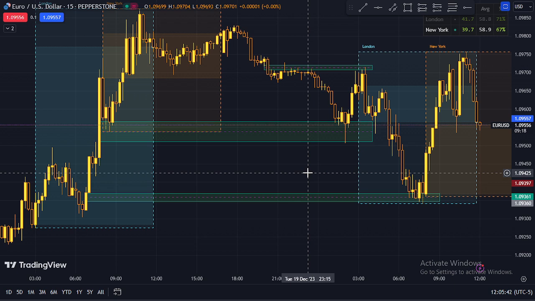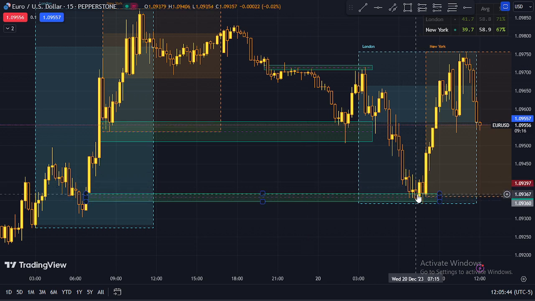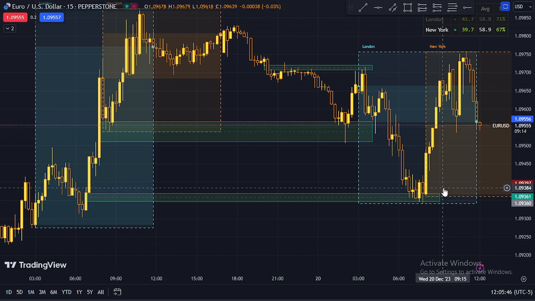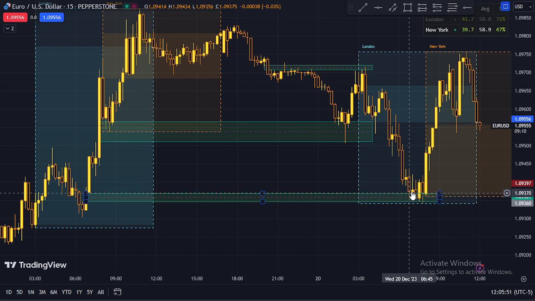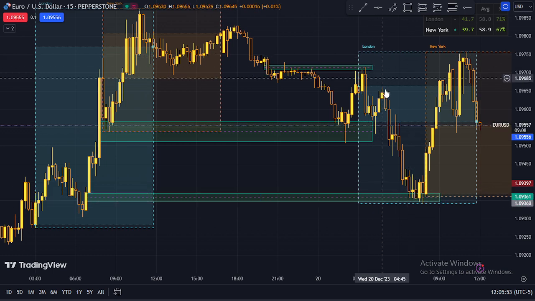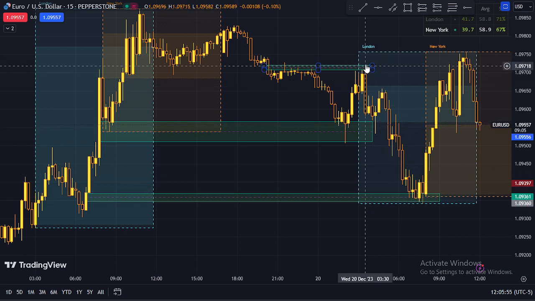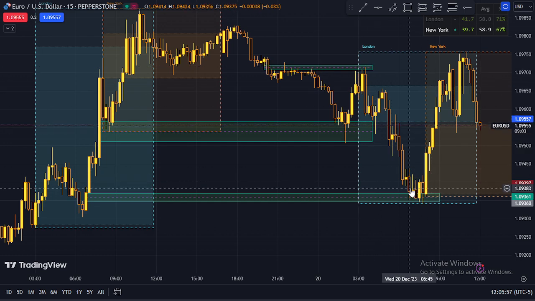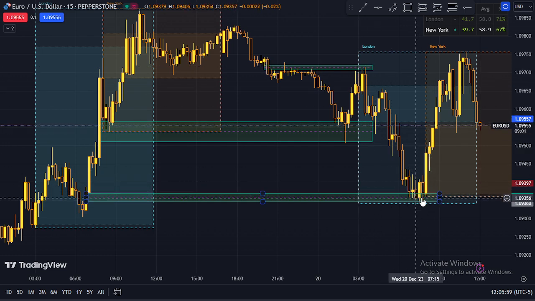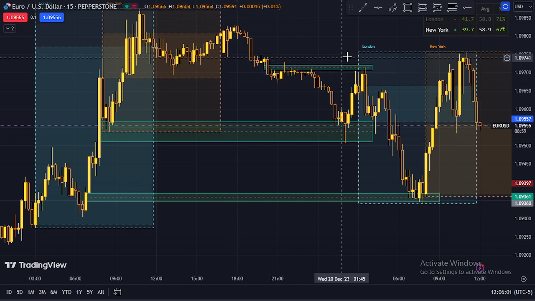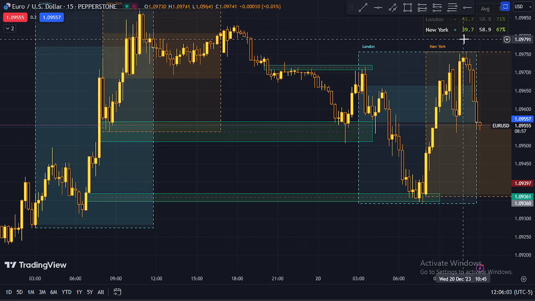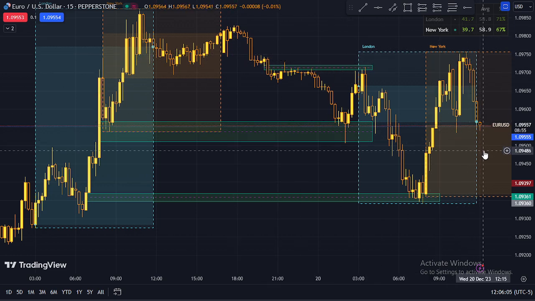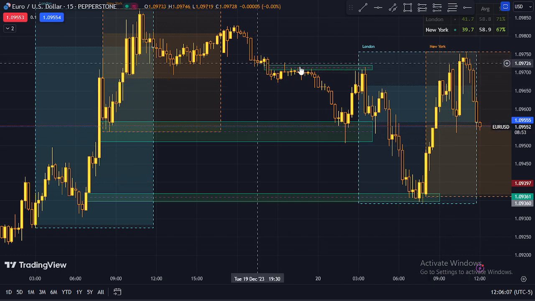So here we had this, it was at around 7. So we have 7 to 10 AM, which is the AM session silver bullet. So we had price moving from a premium to a discount, and then trading into a discount, and then reversing, taking out these highs. And then as you can see right now, price is reacting off of these levels.